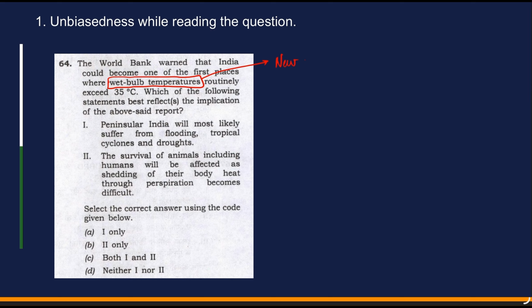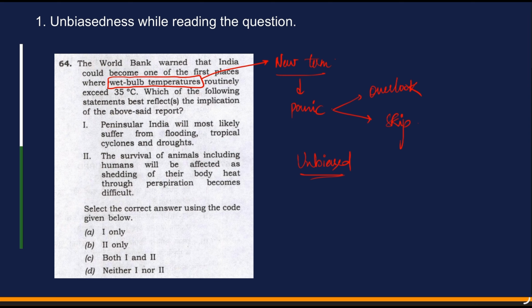Generally, such a new term would create panic among the aspirants, and then they either overlook the question or skip it. So the pattern which I am trying to explain here is that an aspirant should be totally unbiased before solving any question, whether it is a known question or an unknown question.